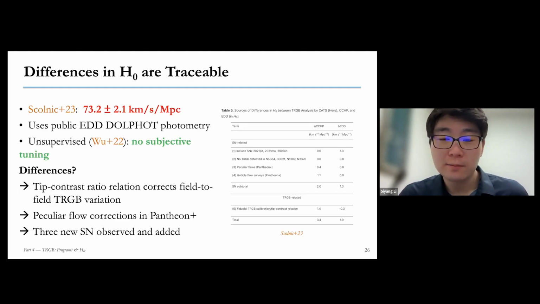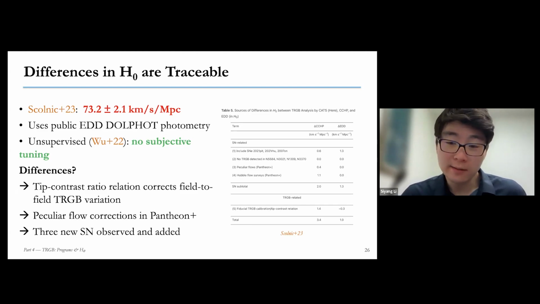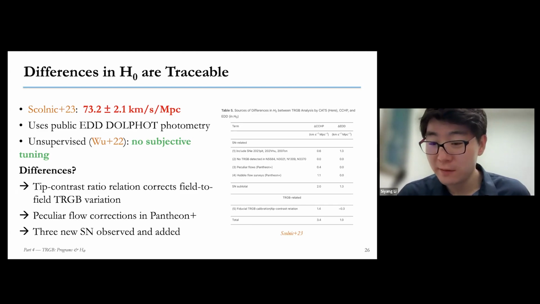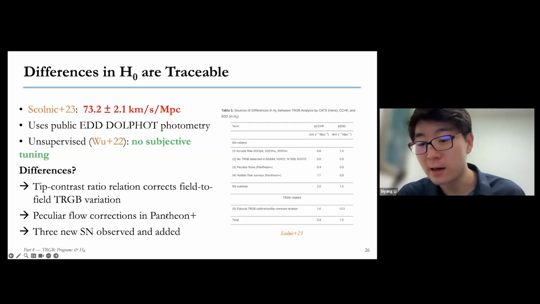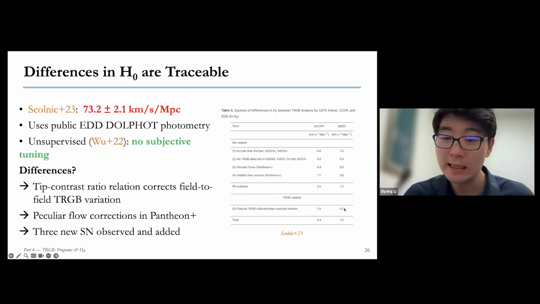And so what we did find is that when we compare the H0 results to other H0 measurements from CCHP, for instance, or the EDD results, a lot of the differences are traceable. For instance, applying this TRGB contrast ratio relation does change the Hubble constant by about 1.4 compared to CCHP, and about 0.3 compared to EDD.